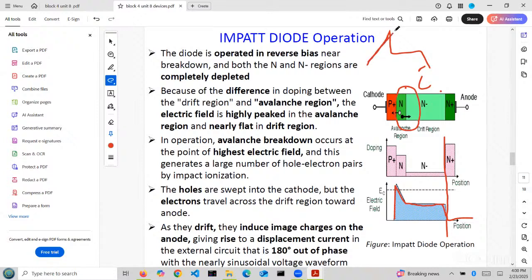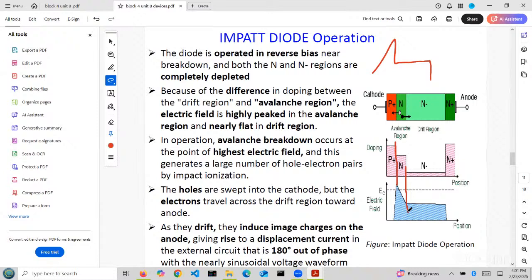We are discussing the field. What happens to the field? Initially the field is increasing, decreasing, constant, then 0. This is very important. From which point to which point is it increasing, and from which to which is it decreasing? Observe this graph: up to P plus, the electric field is increasing.